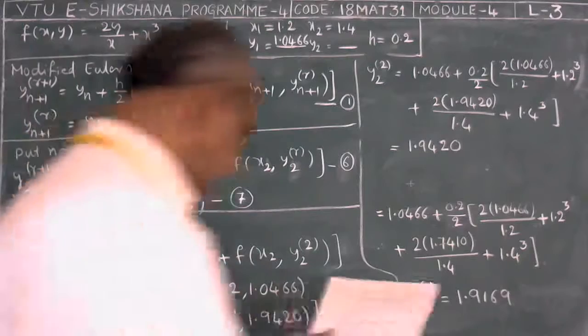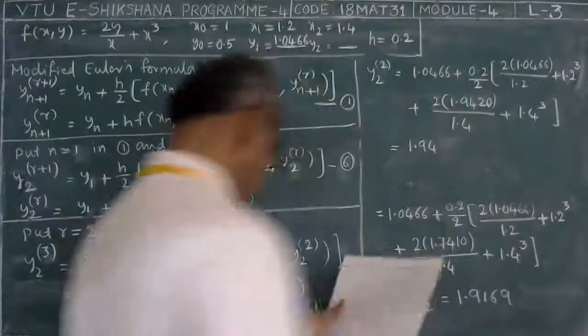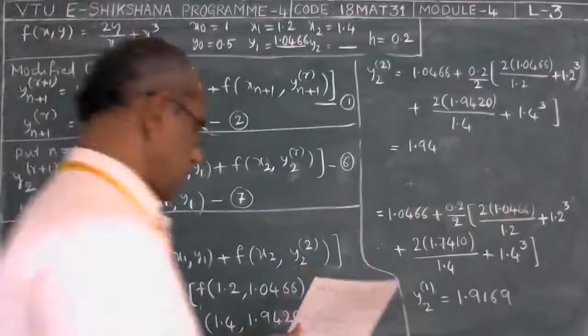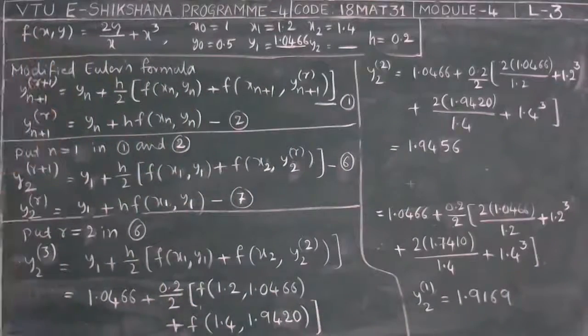If you carefully calculate, you get y2 (3) equal to 1.9456. So this is at the third stage.